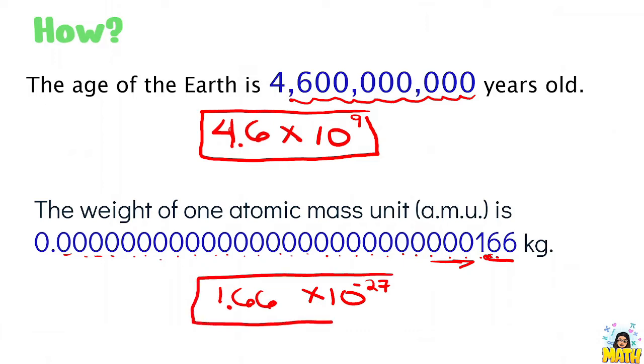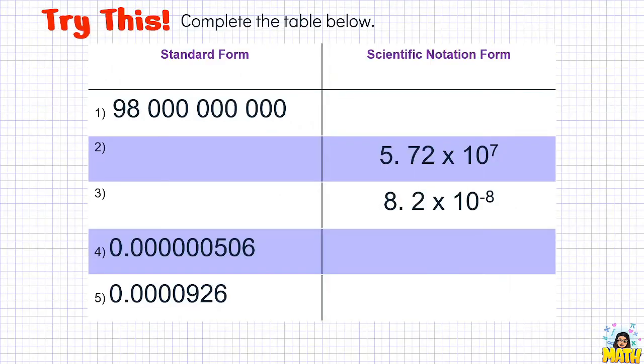So therefore, the scientific notation of the weight of one atomic mass unit is 1.66 times 10 to the negative 27th power. It is faster to read and write when a number is written in scientific notation form.